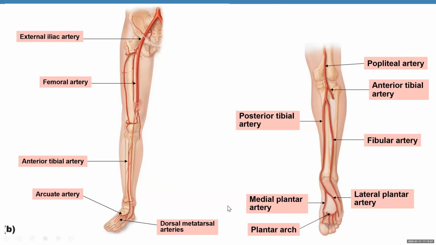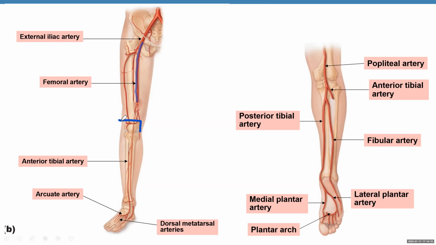Now over here, from our common iliac, so here we have our common iliac, it splits into external iliac and internal iliac. Now the external iliac is going to move down to the femoral region, and it's called the femoral artery.